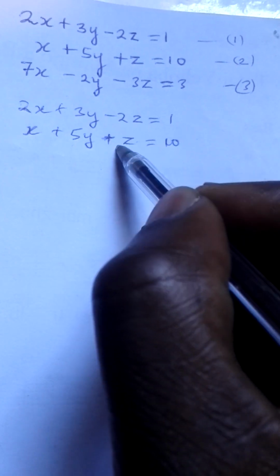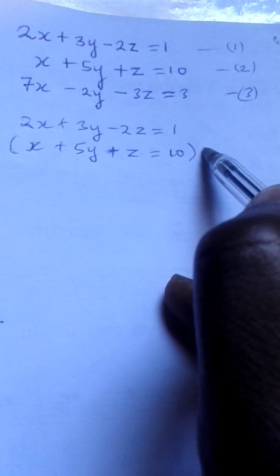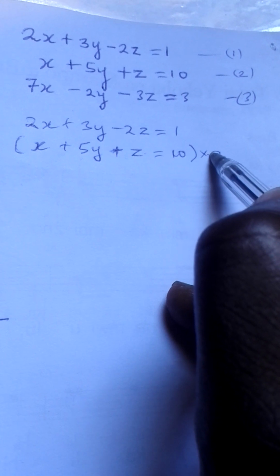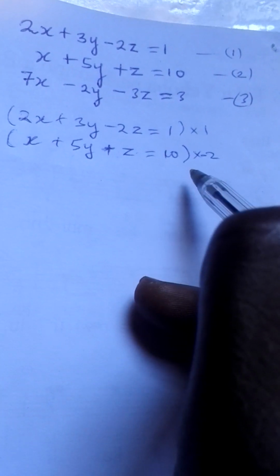So in order to do that, I'm going to have to multiply everything by 2, or rather by negative 2, and here by positive 1. Even by positive 2 is okay.